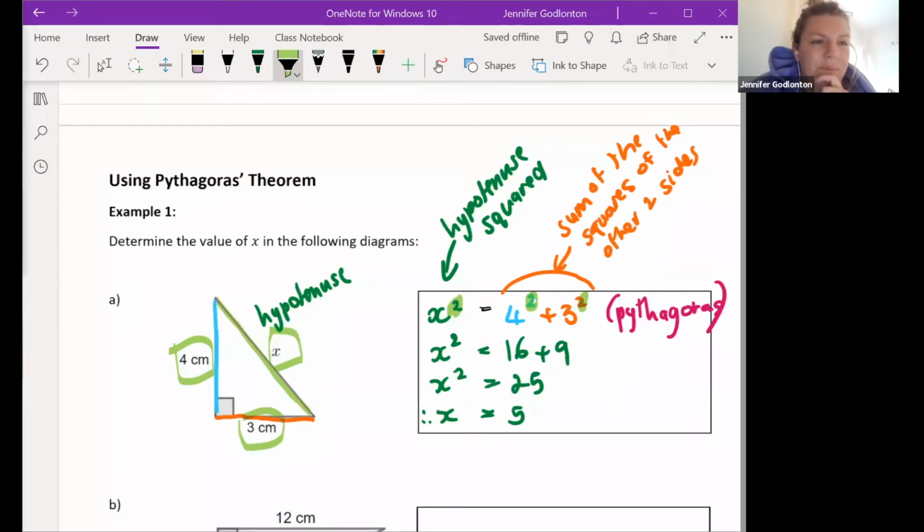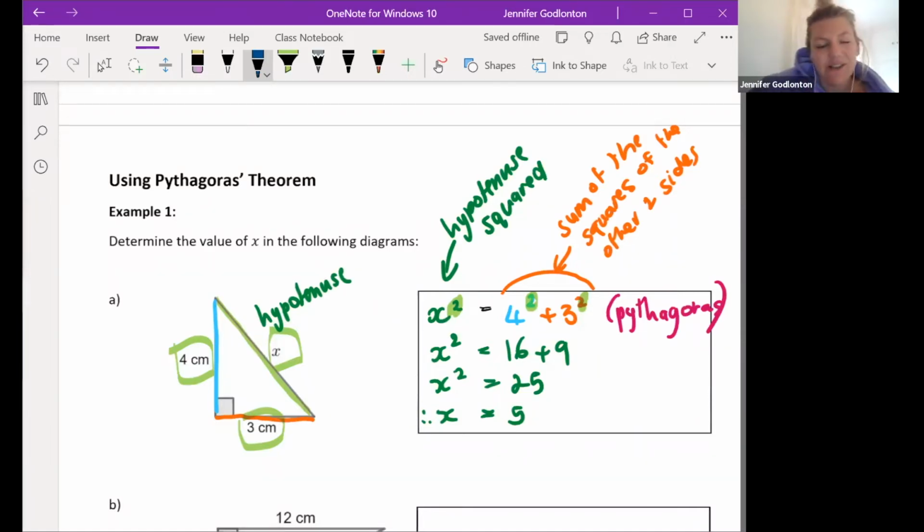Belinda, how can I help? Hi, ma'am. So I am very confused because at school we do it way differently. Okay, tell me how you've done it at school, and then we'll see if we can find a middle ground. They say that in the test, we had to always start with a squared plus b squared equals c squared, or we won't even get a mark. Okay, the problem with that is we don't have an A, B, or C on this triangle.